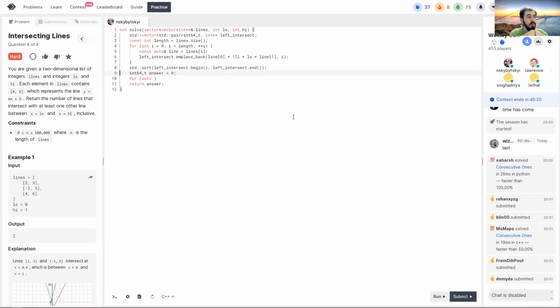The idea is that if we loop through left intersections in sorted order, and then compute for each line its right intersection, when we add a new line, it will be higher on the left, and we'll be interested in how many lines it's below on the right. We're interested in order statistics.